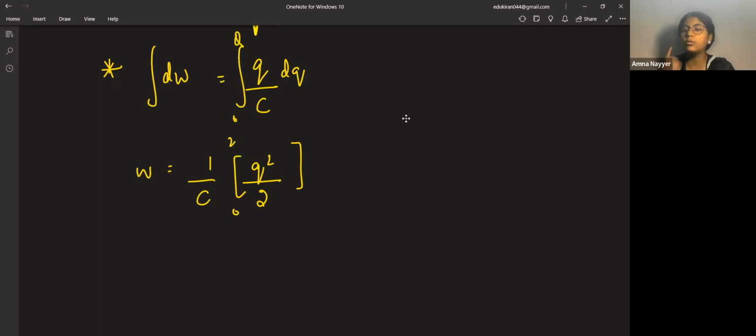How Q square by 2? Those who are not very well versed with integration, if it is Q to the power 1, we integrate x to the power n, which becomes n plus 1. See, x to the power n is there, like Q to the power 1. So add 1 here. Whatever is the new power that you are getting, divide by it.